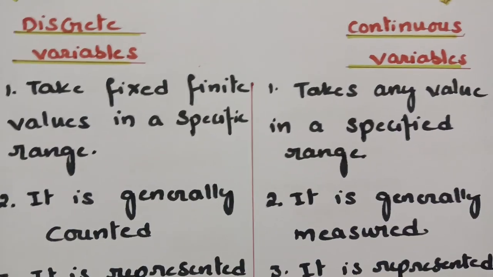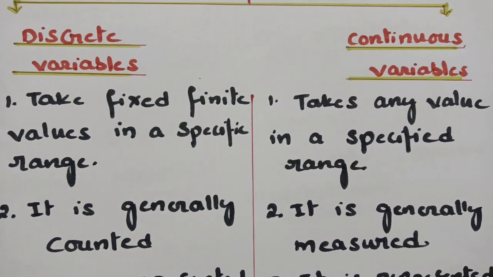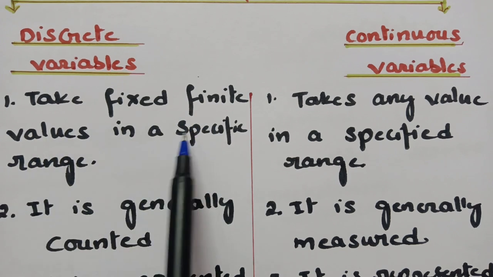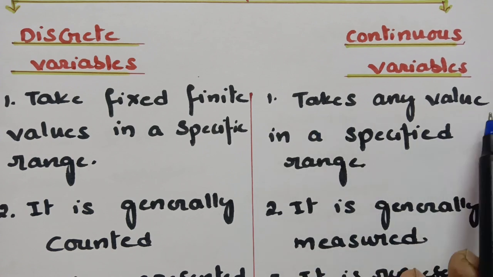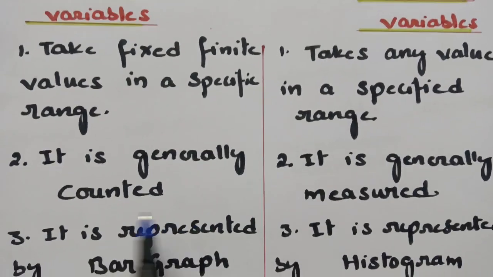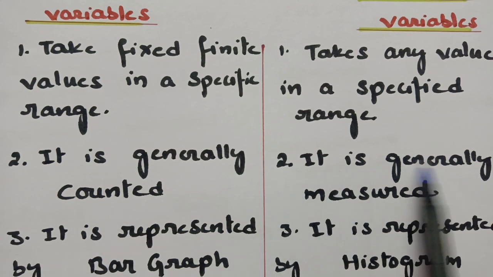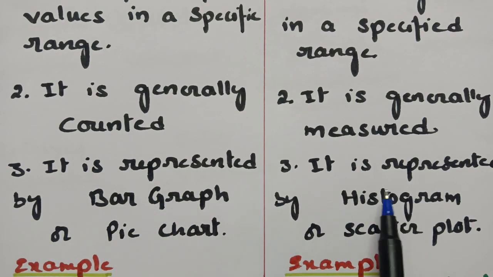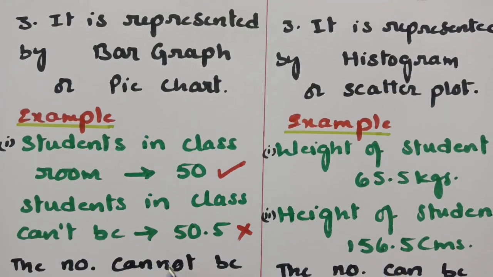Here you got an idea about discrete variables and continuous variables. Discrete variables always take fixed finite values in the specified range, and the next one, continuous variables, takes any value in the specified range. Discrete is generally counted, so the number of students is counted here, and the age is also counted. Continuous is generally measured. It is represented by a bar or pie graph, or by a histogram or scatter plot. Examples have also been shown here.